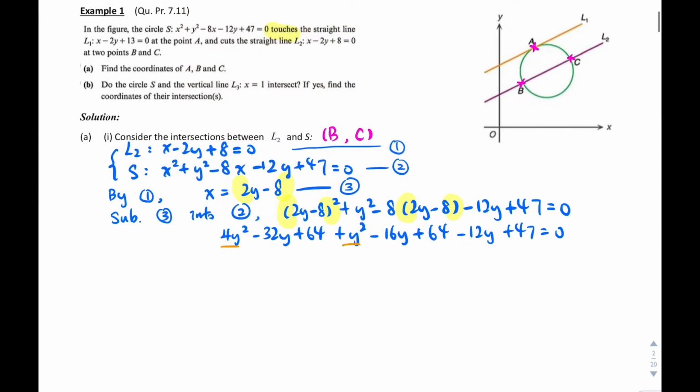We have 5y squared, and the y terms, we have minus 16y. And finally, the constant term, we have plus 175 equals 0. This is our quadratic equation in y.